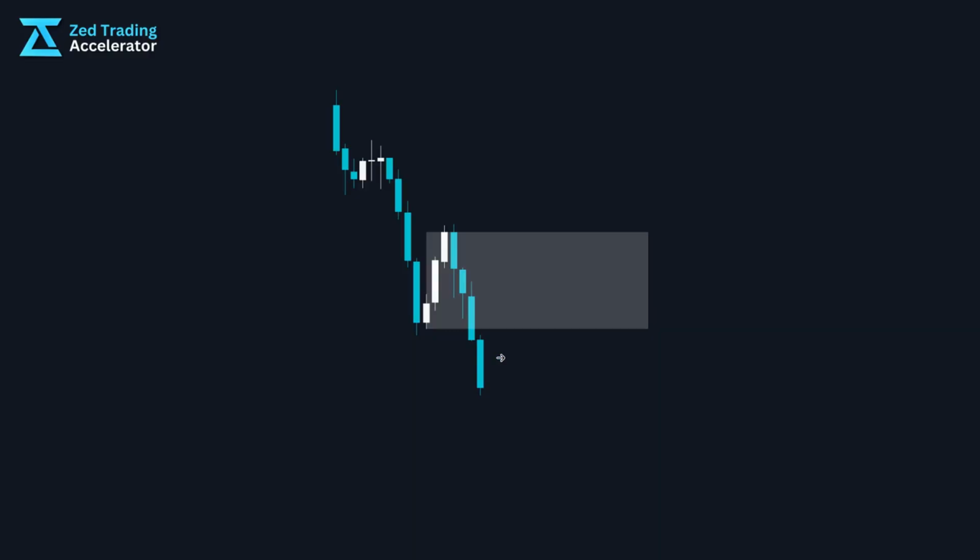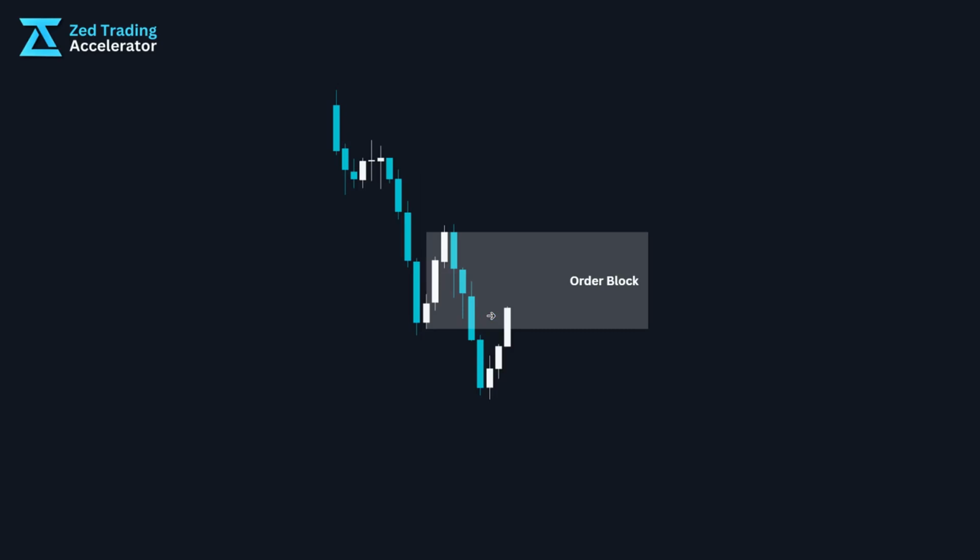As we can see right here, we have a fair value gap overlapping into this up close order block. So we will use this wick for our order block. Let's see what the price will do. And as we can see, the price has retraced into the order block.